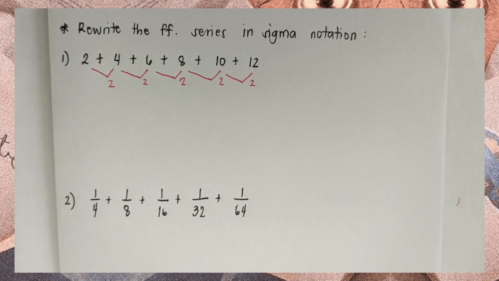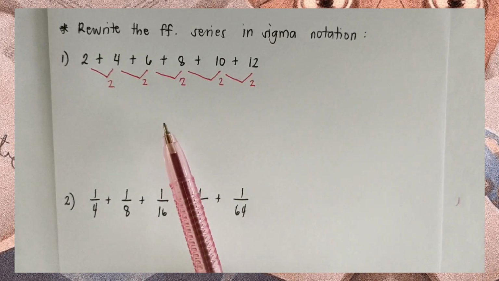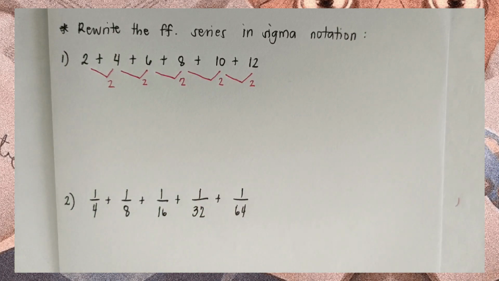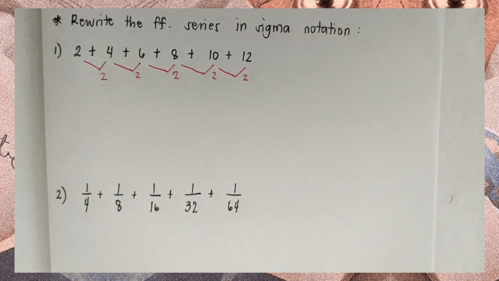Again, first thing that you need to do in rewriting the series into sigma notation is to identify whether it is an arithmetic or geometric. The next step that you need to do is to get the common difference or common ratio. Since 2 is our common difference, we will write the first thing.